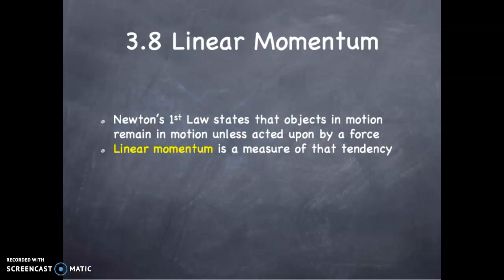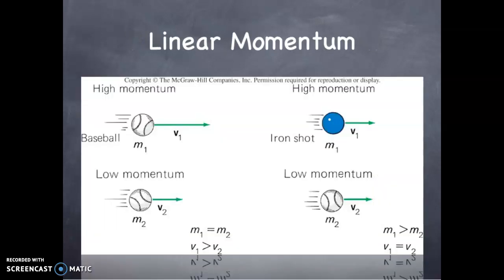Newton's first law states that objects in motion remain in motion unless acted upon by a force. Linear momentum is a measure of that tendency, the tendency of an object to remain in motion unless it's acted upon by an external force.